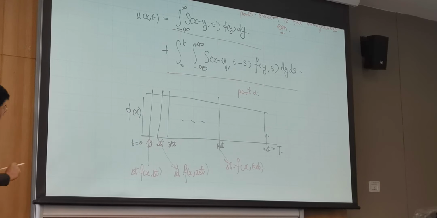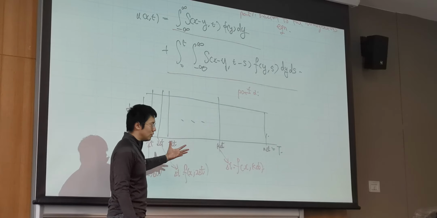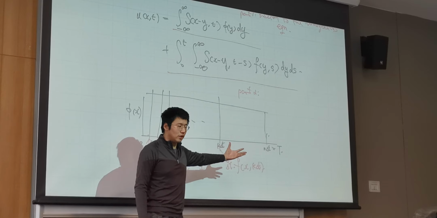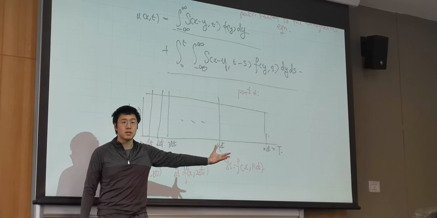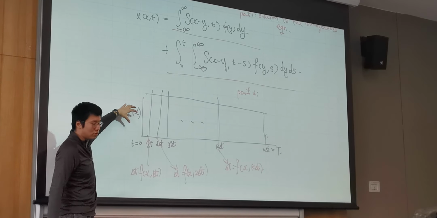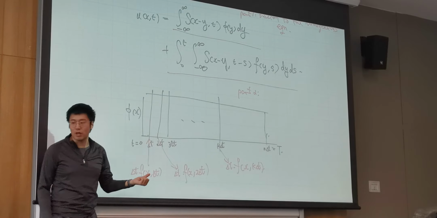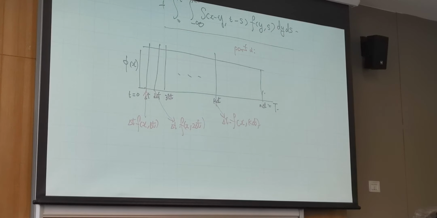And then we argued that this system can be decomposed into n plus 1 independent diffusion processes. Initially I have my phi x, the initial distribution of mass entering the system, which is then going to diffuse, which means we apply S(x minus y, t) times phi y dy, integrated from negative infinity to positive infinity.